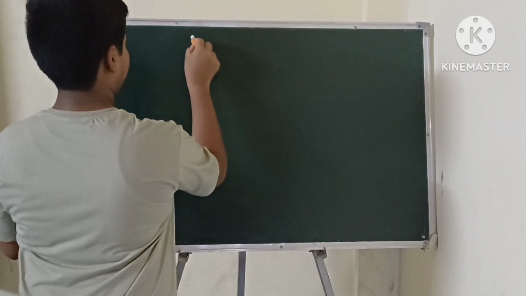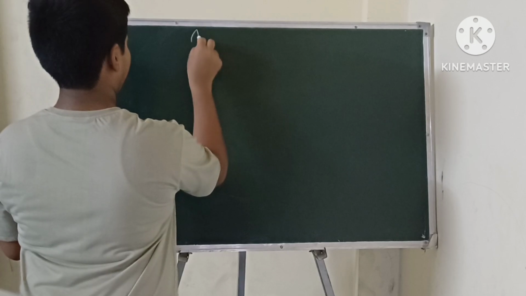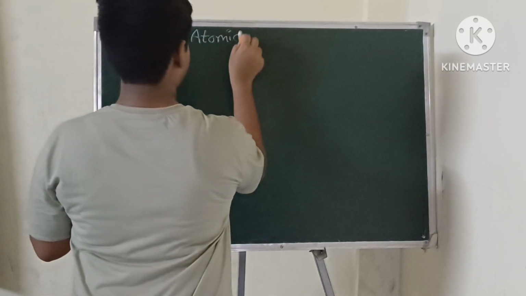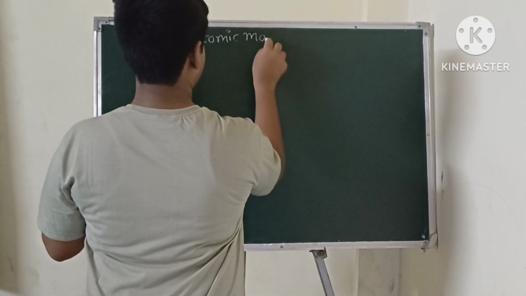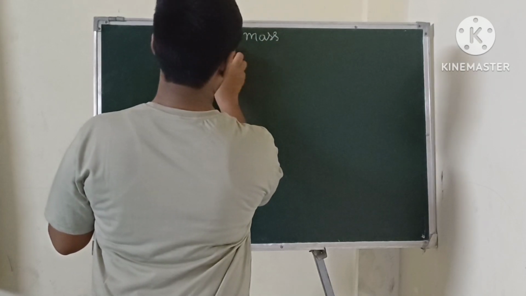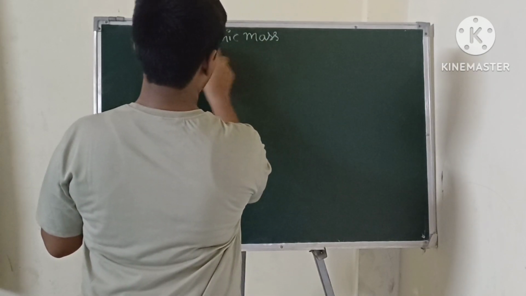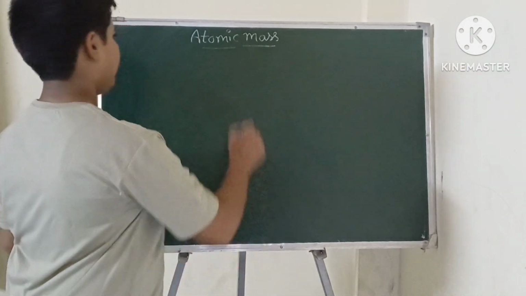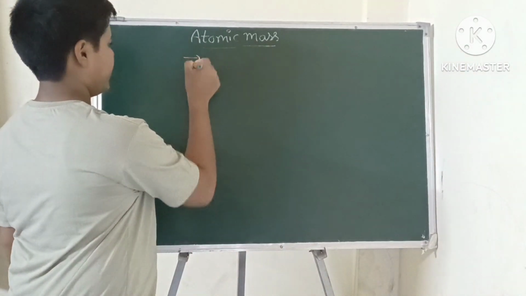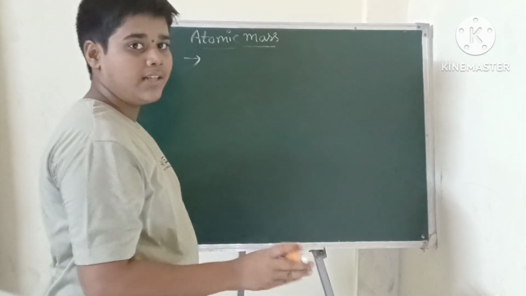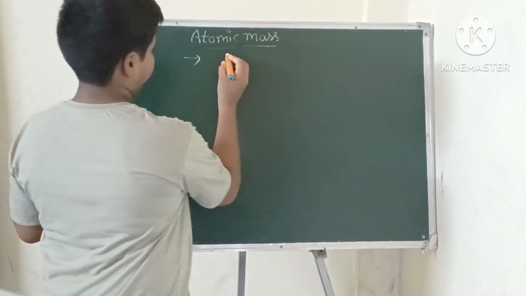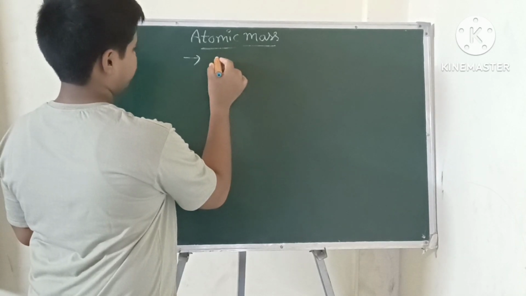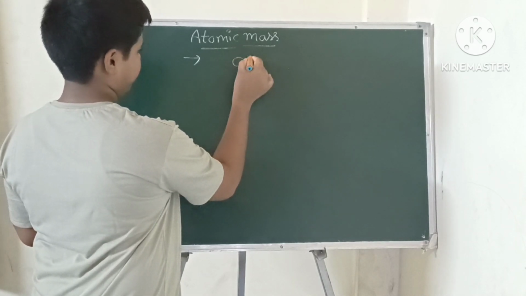And our next topic, atomic mass. Atomic mass means the mass of a particular atom of an element. For example, oxygen.